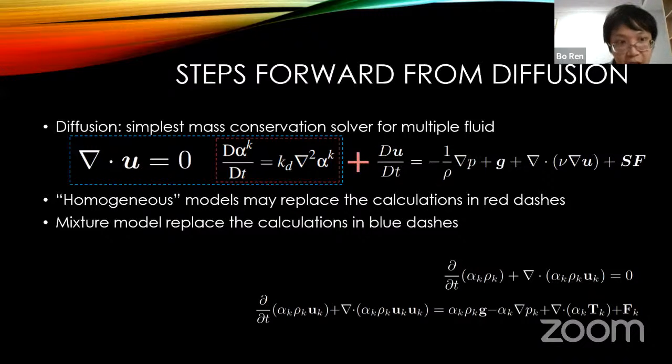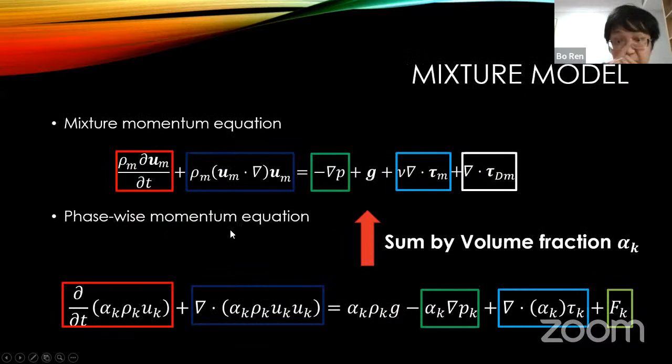As I have mentioned, the homogeneous model will replace this diffusion equation directly in the red dashed line, and the mixed model will replace the calculations in blue dashed lines, in which the mixed model will solve the continuity equations directly. So this is the mixed model.